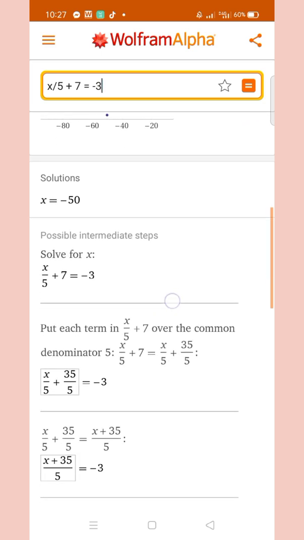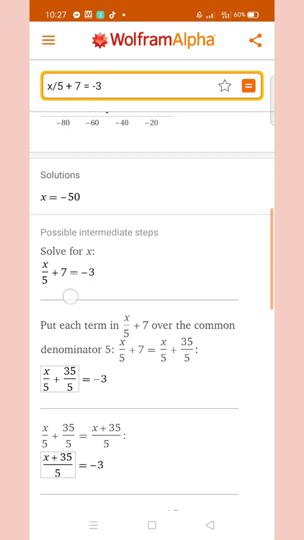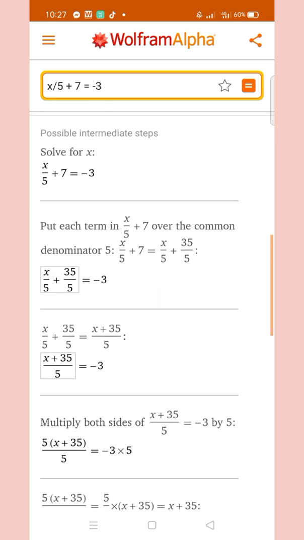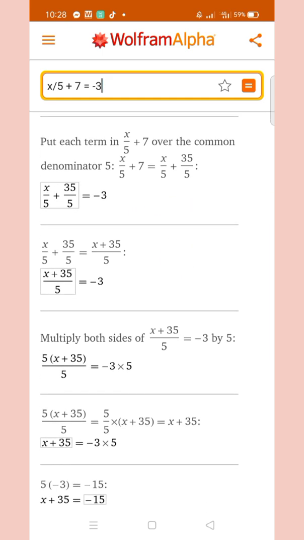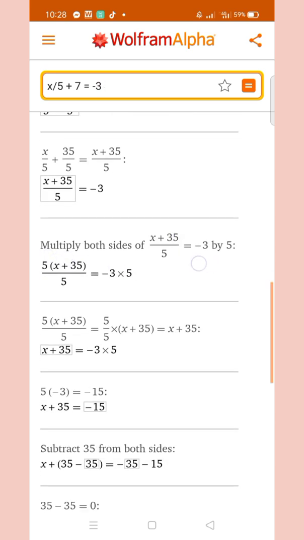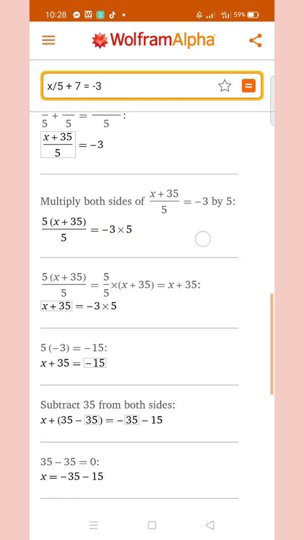So how come? So let's see the step-by-step solution. So solve for x. Put each term in x over 5 plus 7 over the common denominator 5. So x over 5 plus 7 equals x over 5 plus 35 over 5. So to get the 35, we need to cross multiply. x over 5 plus 35 over 5 equals negative 3. Multiply both sides of x plus 35 over 5 equals negative 3 by 5.